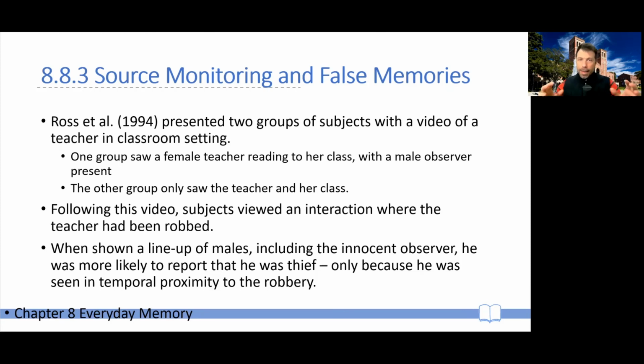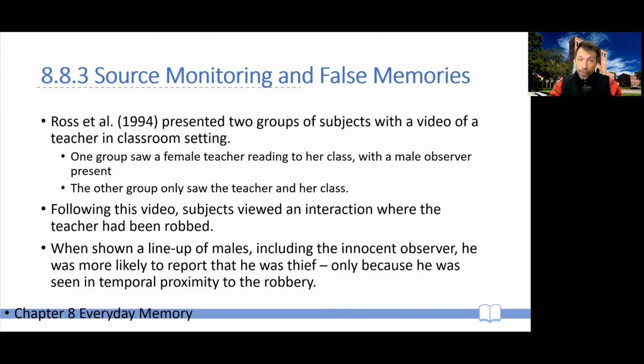What they did is they had two groups of participants. Half of them saw a video of a teacher in a classroom, and they saw the teacher and the students in the classroom, and in the corner, there was a male observer observing the classroom interaction. The other group only saw the teacher and her class.